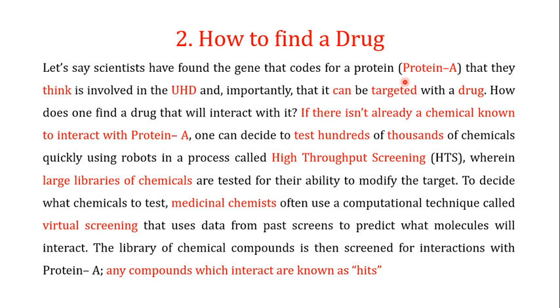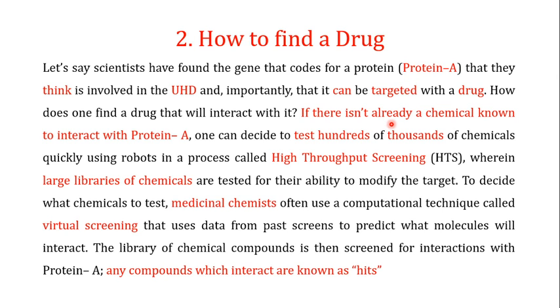We'll call that protein A, and this protein is involved in the unknown human disease. The most important thing is that it can be targeted with a drug. That means protein A is responsible for that unknown human disease, and we can actually target it, so protein A is druggable. So how does one find a drug that will interact with protein A?